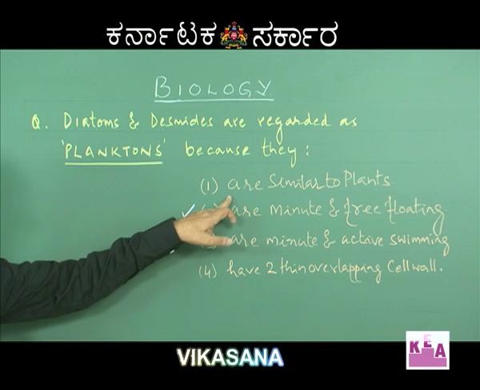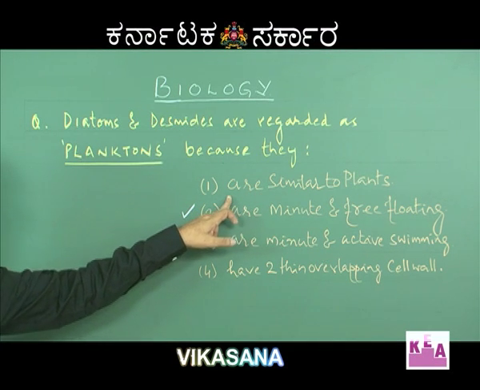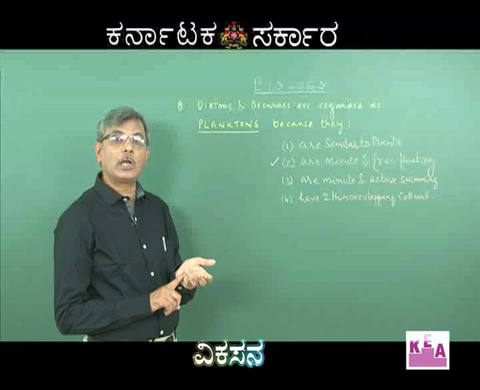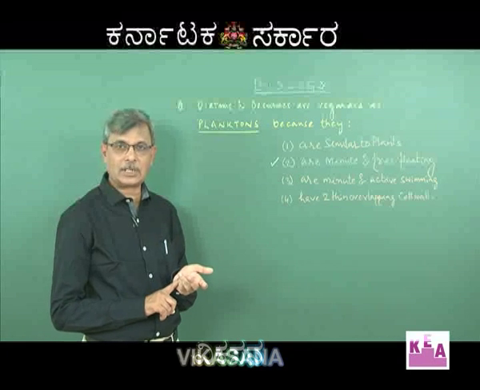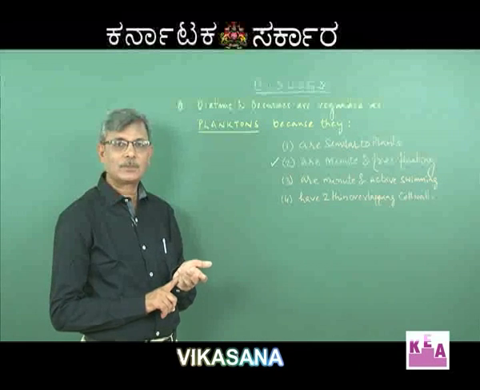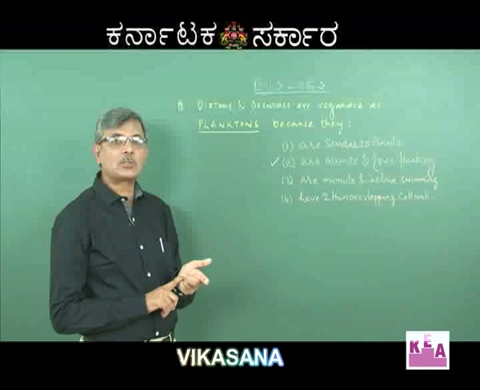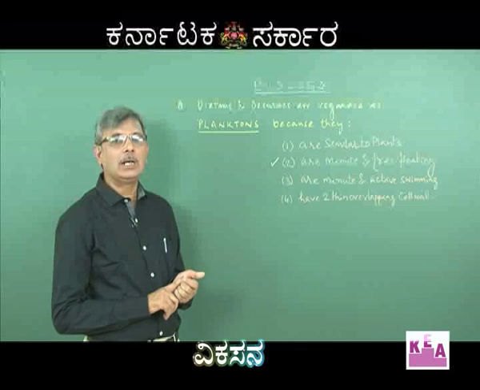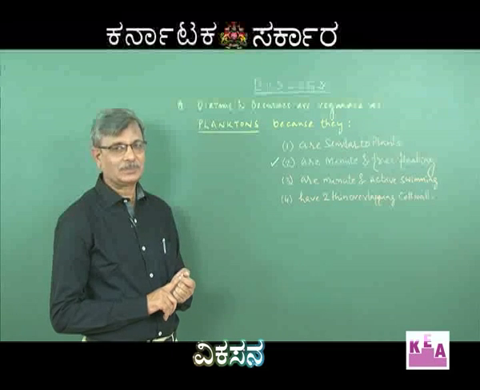Of course, they are similar to the plants because algae. Remember, algae is that which is going to be representing as monerans, for example, blue-green algae, cyanophycean members. And diatoms and desmids, Protistan kingdom. Green alga, brown alga, red alga, they represent plant kingdom.